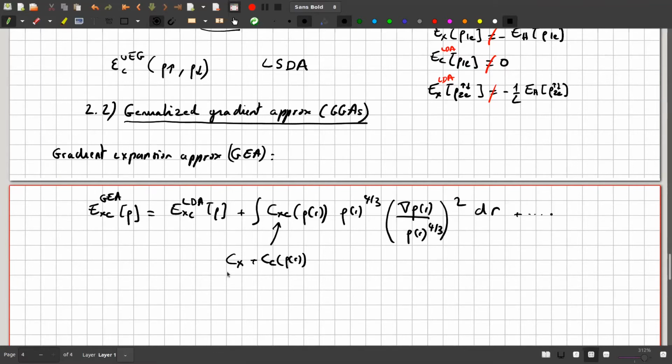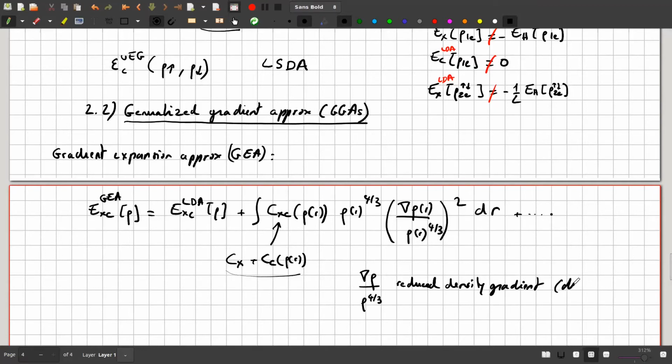And we know these coefficients, or at least we know estimations for the correlation part. And why we write it like this is because this quantity, the gradient of rho over rho to the 4/3, is called the reduced density gradient. And it is a dimensionless quantity.